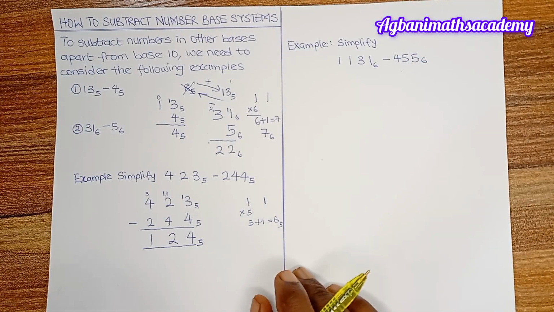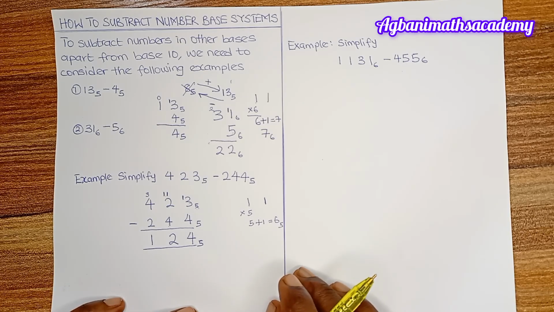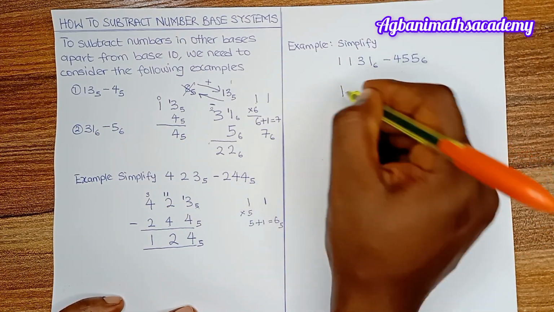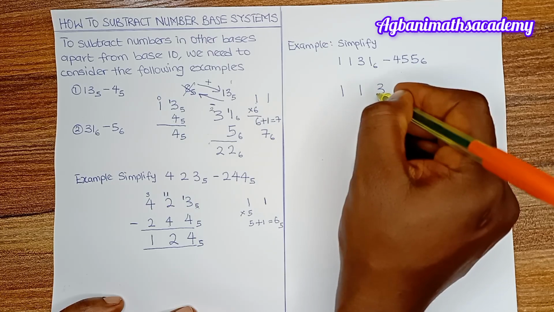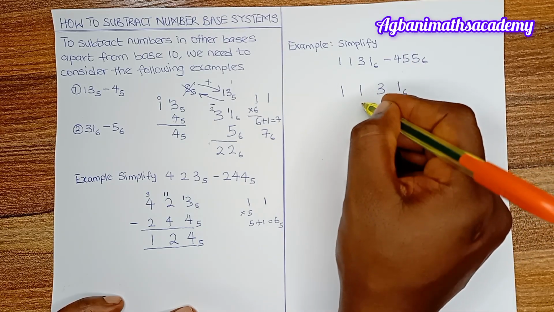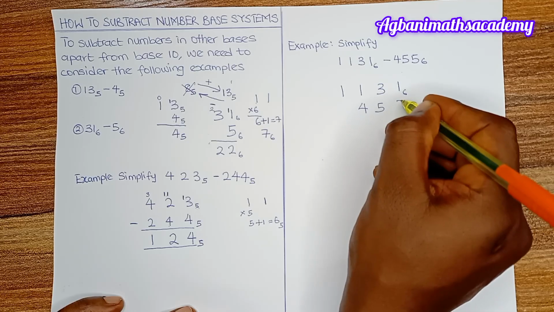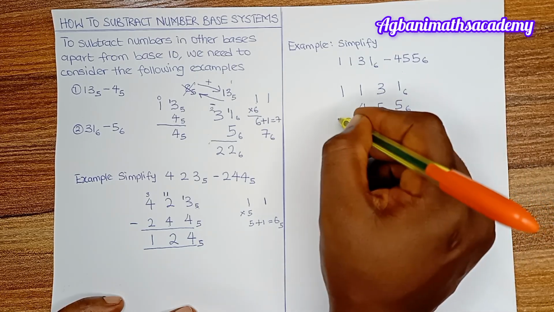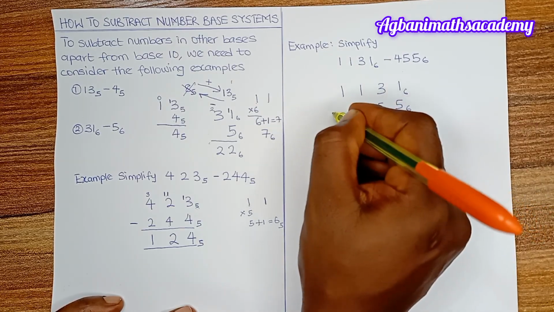So we have 1131 base 6 minus 455 base 6. So we have 1131 base 6, 455 base 6. So we are subtracting.